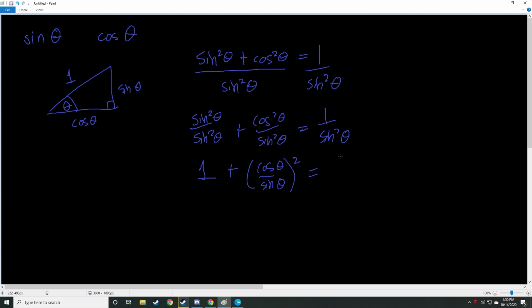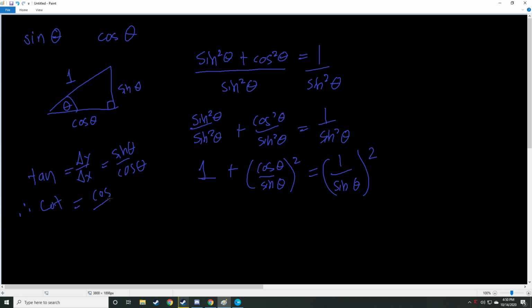And then this is equal to 1 over sine theta squared. Okay, so what is cosine over sine? Well, that's cotangent, right? And we remember that tangent is equal to the slope, the rise over the run, and the rise is sine, and the run is cosine. So tangent would be equal to sine over cosine. Therefore, cotangent is equal to cosine over sine.